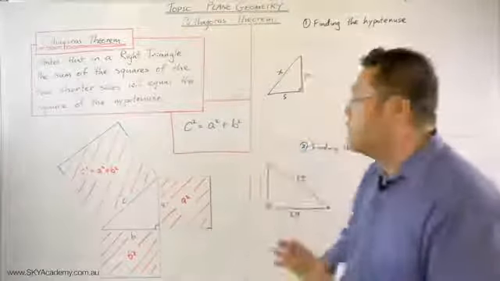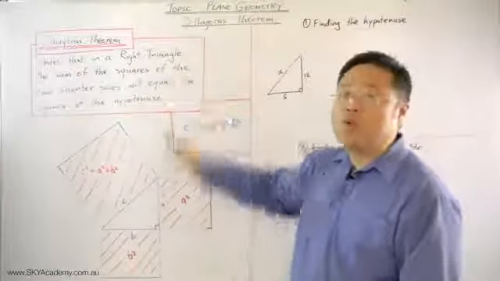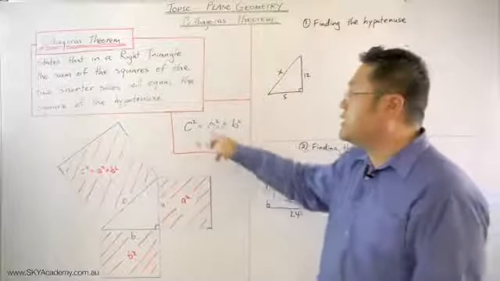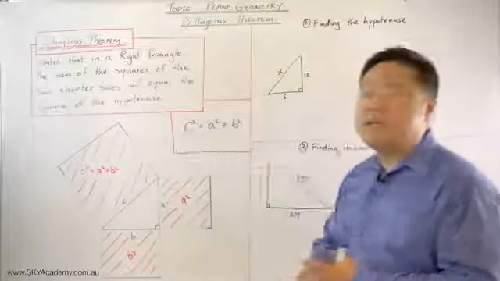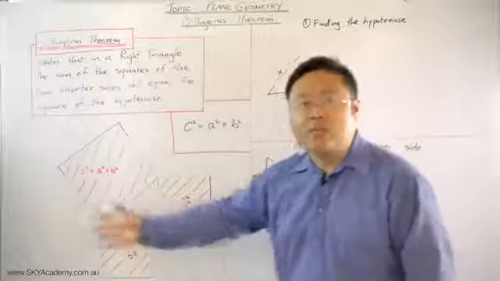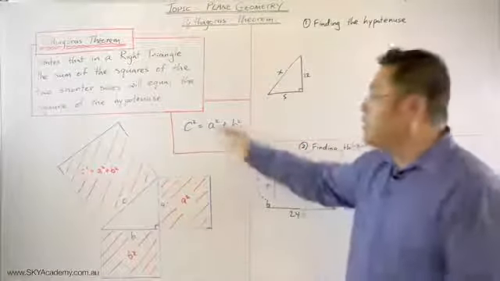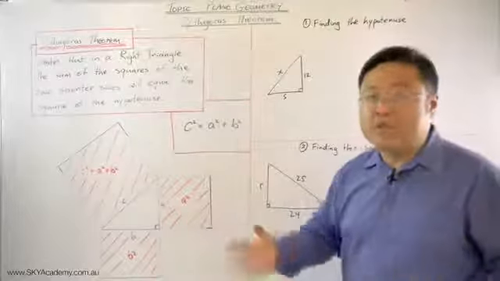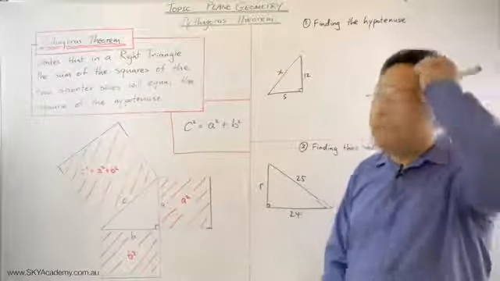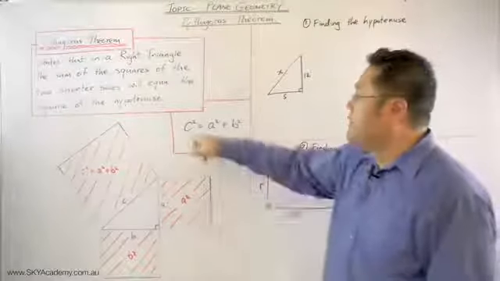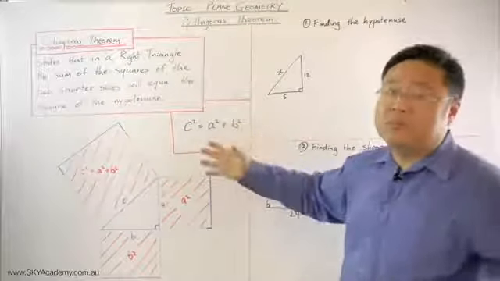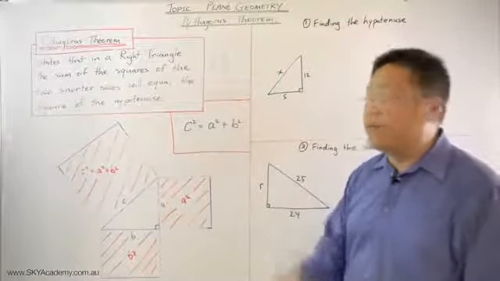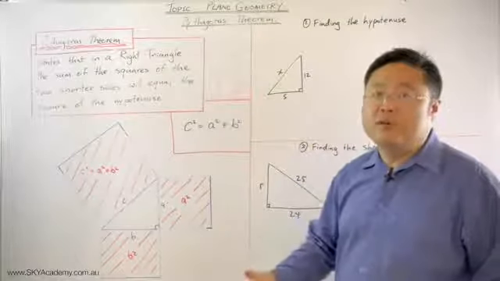Now, the reason I want you to remember it as the word sentence is that sometimes these letters just represent what's going on. You can use different letters, and sometimes you might see different letters. And if you were to see, for example, a squared equals b squared plus c squared, which is probably the way some of you have been taught it, you might get confused, right?